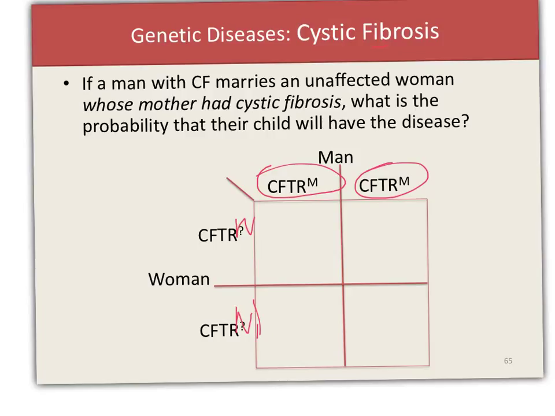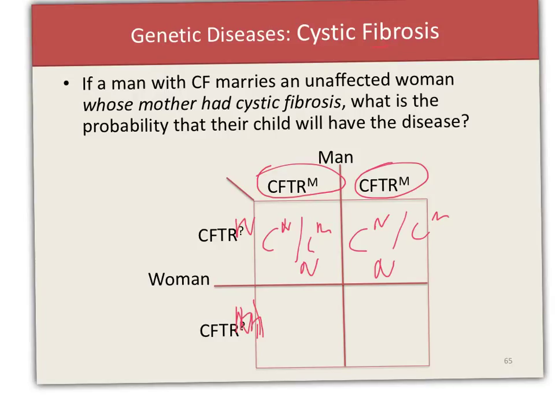Okay, so in this case, the probabilities are CN, CM, carrier, not cystic fibrosis, CN, CM, same, normal, and this is, no, this is not CN, it's CM, sorry.